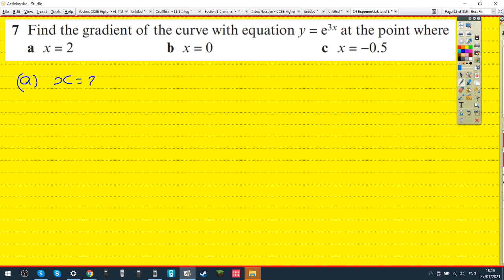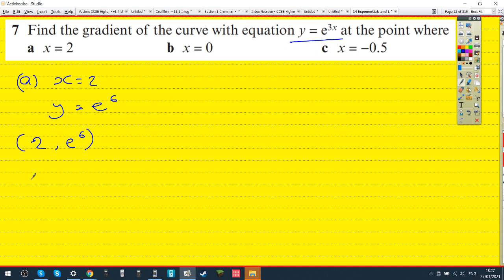We have to differentiate it. If you differentiate it, what would that give you? What I'm getting at is e to the 6 is y. The x coordinate is 2 they gave you, so on that graph, when x is 2, y is e to the 6.